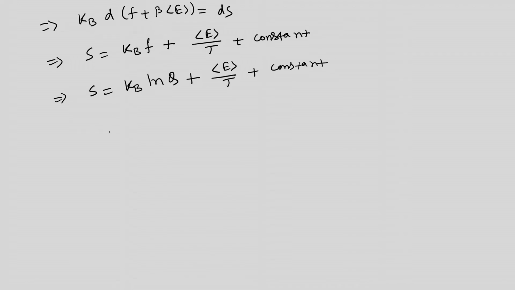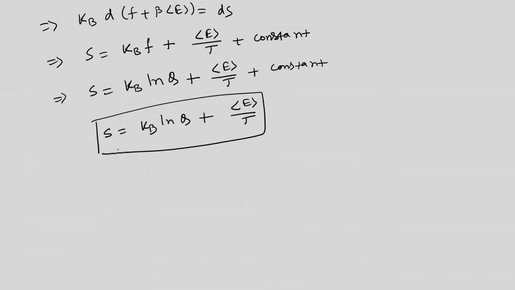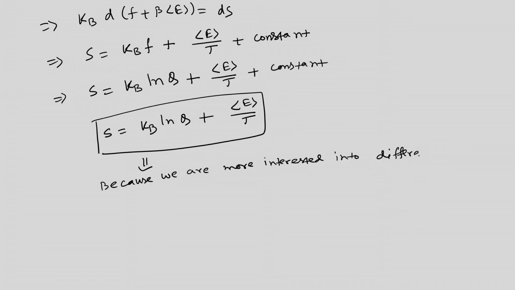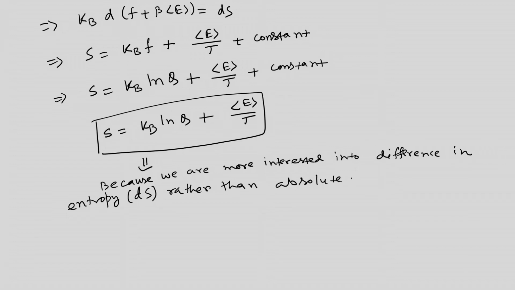If we ignore the constant term, we get S is Kb ln Q plus E by T.